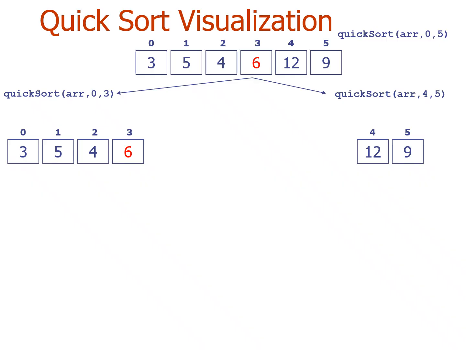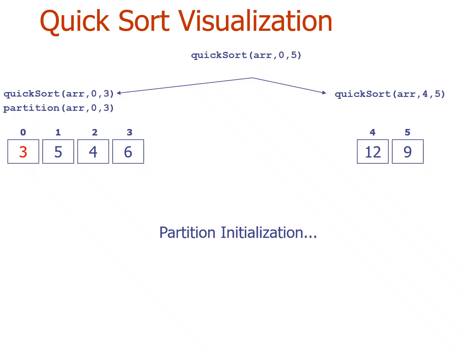We're going to pick a pivot randomly, and then arrange the values around this pivot. Again, I will find a randomly generated number between 0 and 3 to be my pivot. And let's say the randomly generated number was 0, so my pivot is 3.